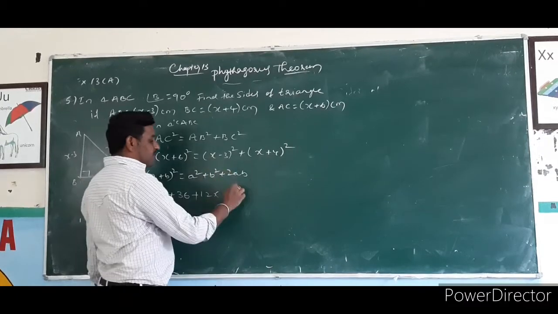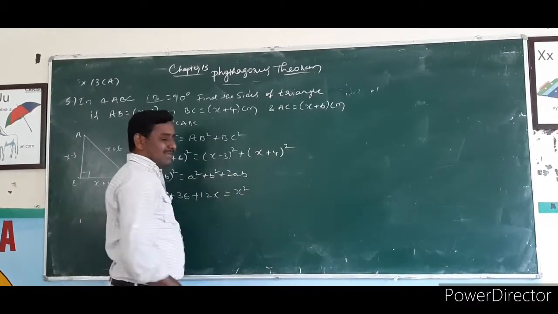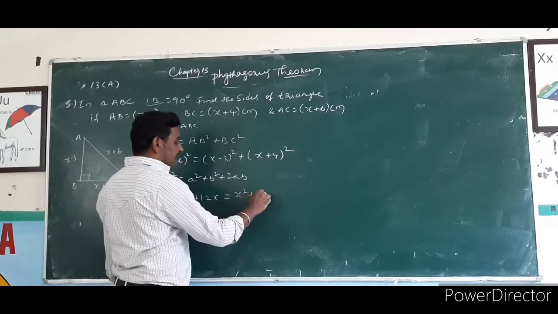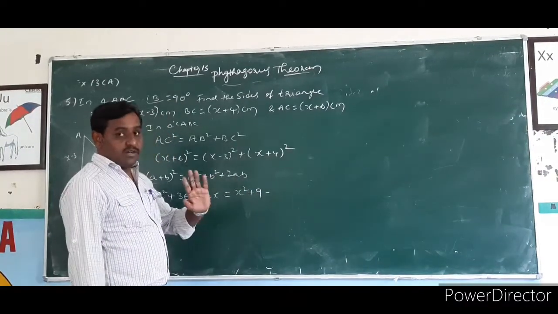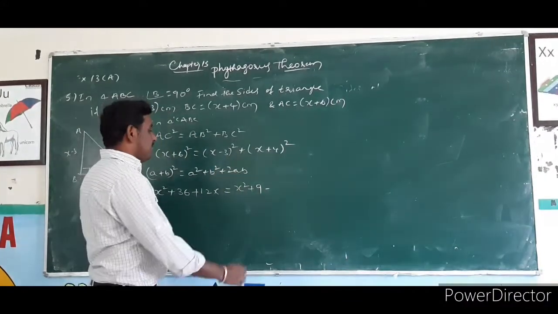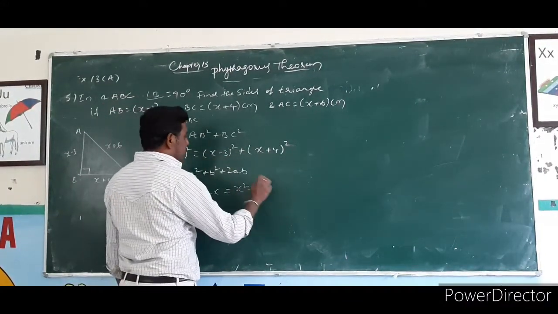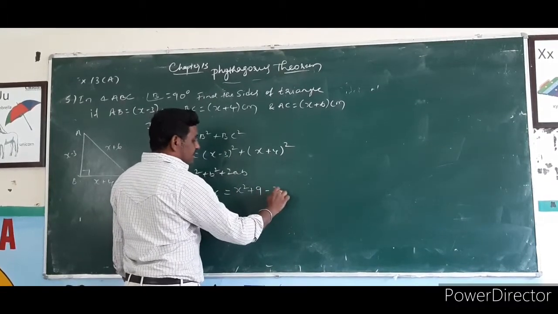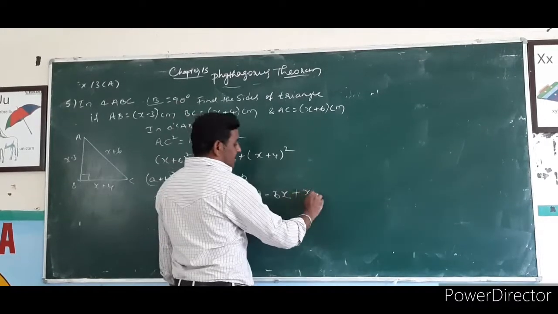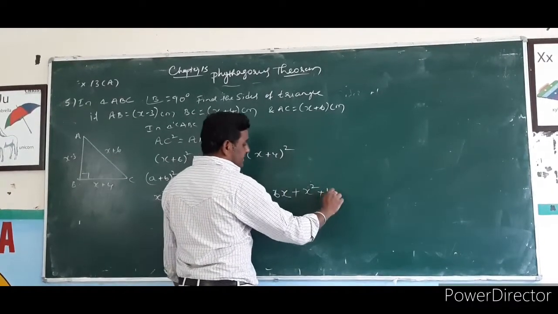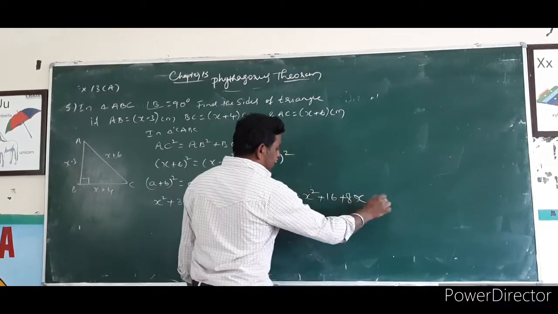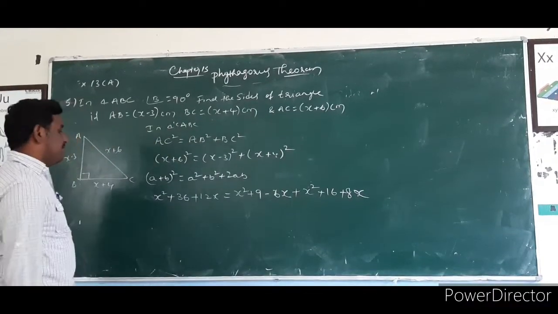So that is x square, (a minus b) whole square means a square plus b square minus 2ab, plus 3 square means 9. I am doing it directly, but you have to know how to put it in the formula and get the answer. 2 times 3 is 6, that is minus 6x, plus the same formula, x square plus 4 square means 16 plus 2 times 4 is 8x.